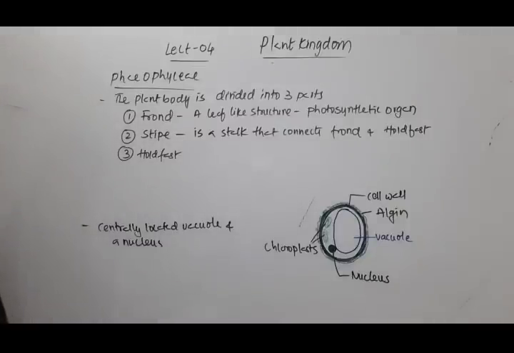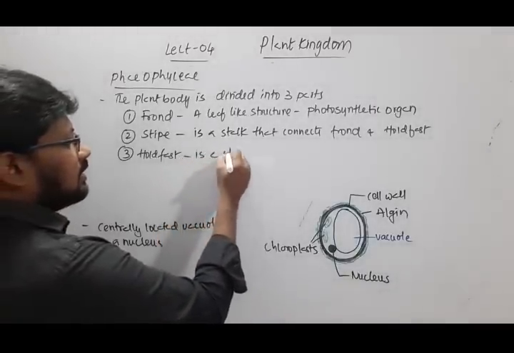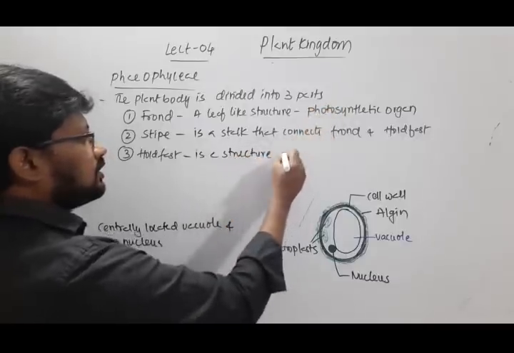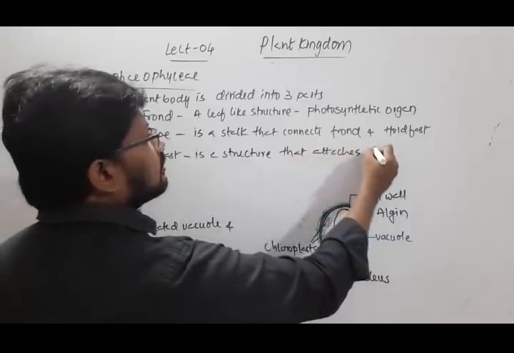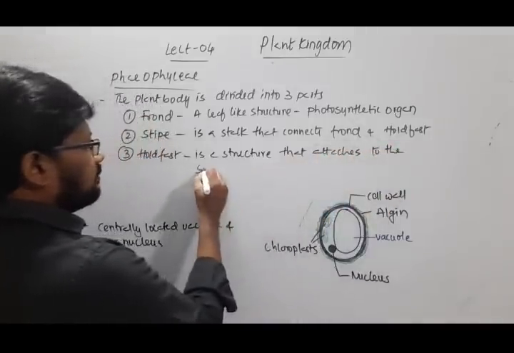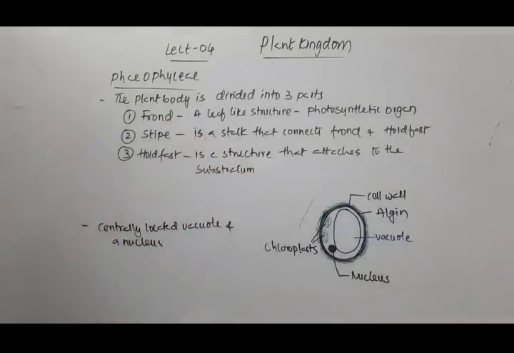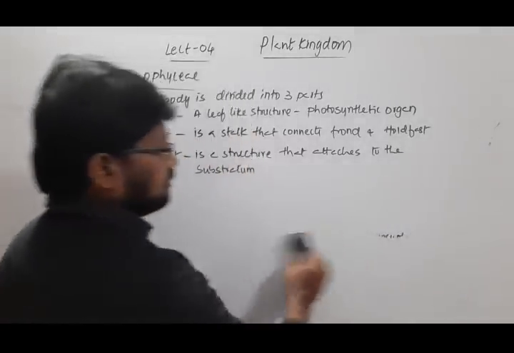And lastly, the holdfast is a structure that attaches to the substratum. It helps in attaching the whole plant body to a substratum like a rock. We'll see how the plant body in Phaeophyceae looks.